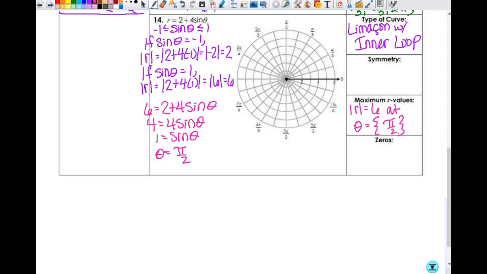Okay. All right, so now I got to find my zeros. So for my zeros, I get 0 is equal to 2 plus 4 sine theta. So I get -1/2 equals the sine of theta.